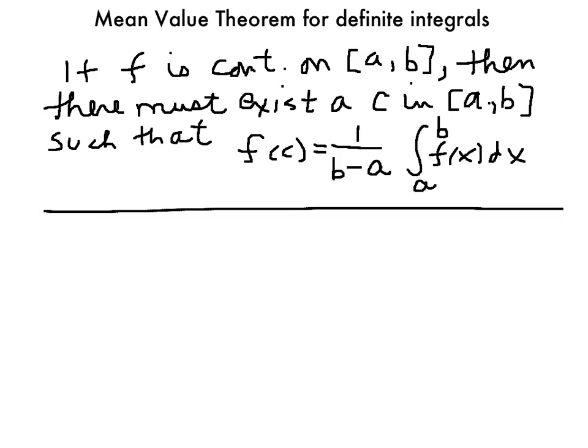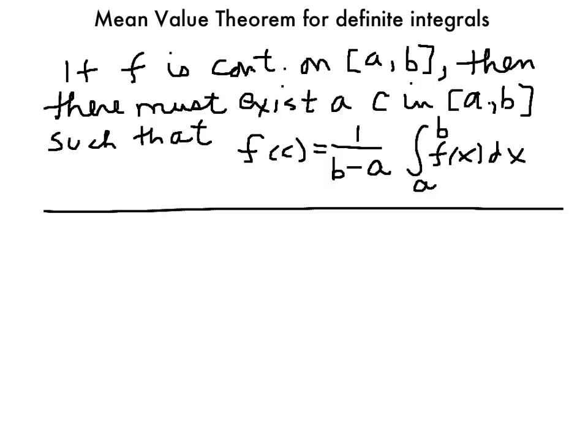Alrighty, so now let's consider a theorem that's called the mean value theorem for definite integrals. And it says this: if f is continuous on [a, b], then there must exist a c such that f of c is equal to the average value, which is basically what we were saying before, but here there will be a bit of a proof for that. Now, here's what we know.